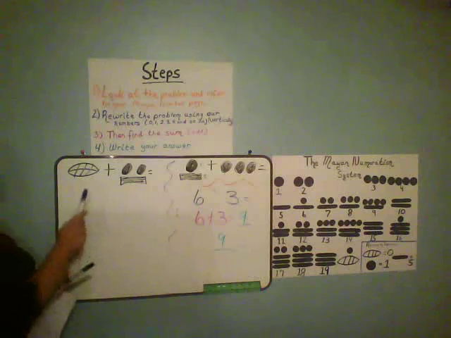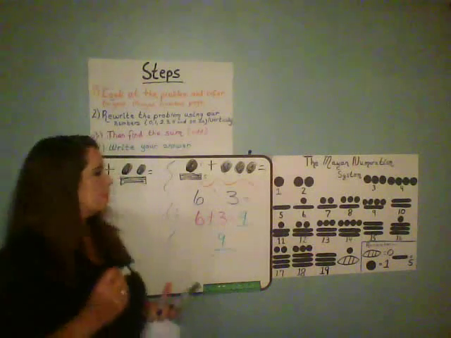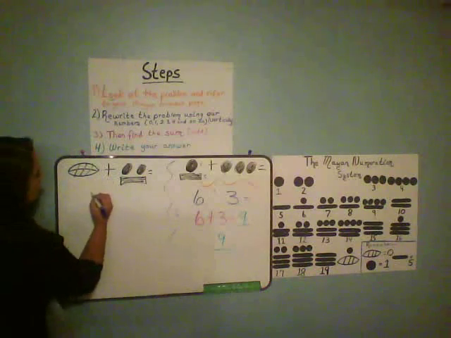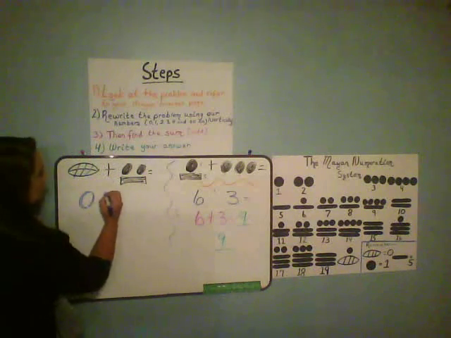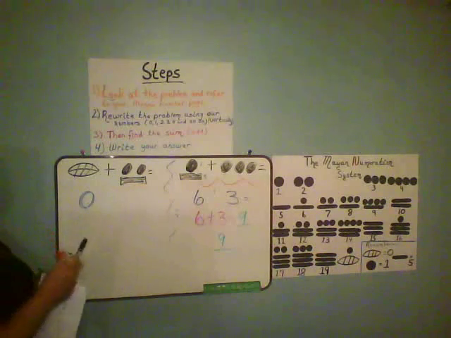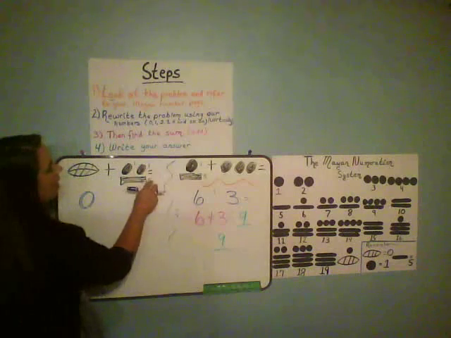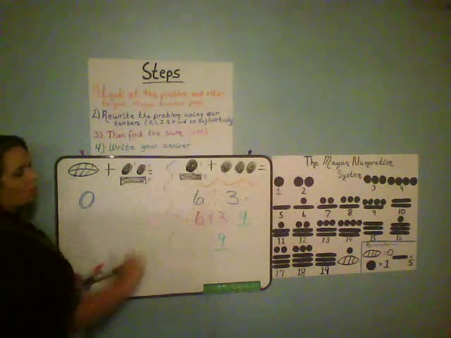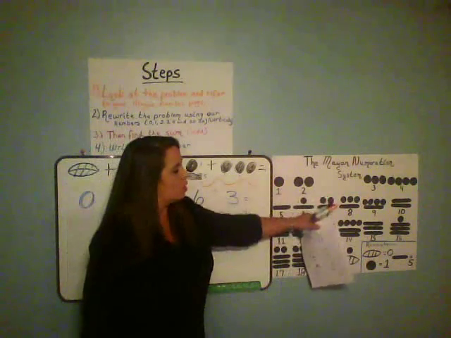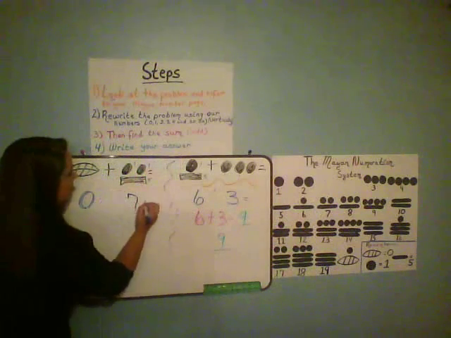So the shell represents what number of ours? Right, 0. And 2 dots with a bar, or 2 rocks with a stick, represents what number? Well, you could think 5, 6, 7, or you could look at your chart. 2 dots and the stick represents the number 7.